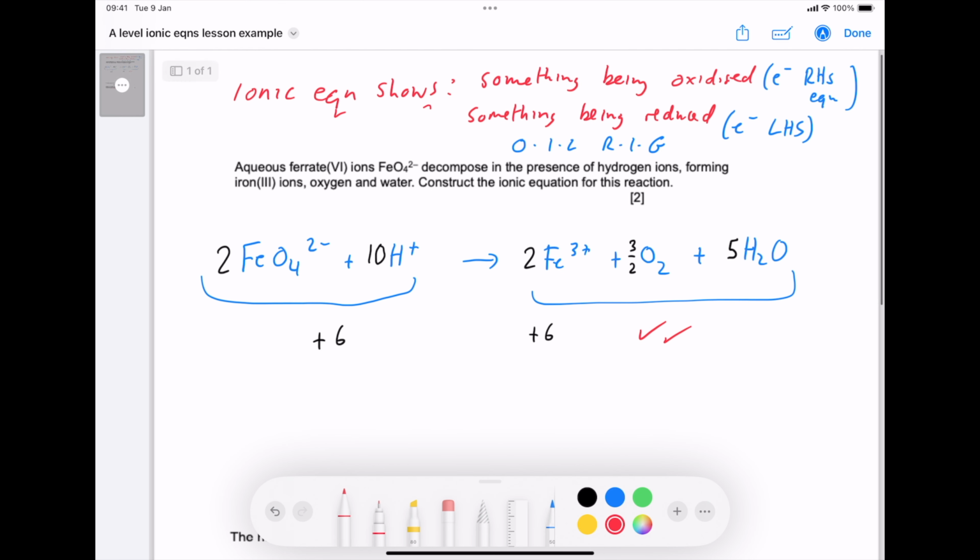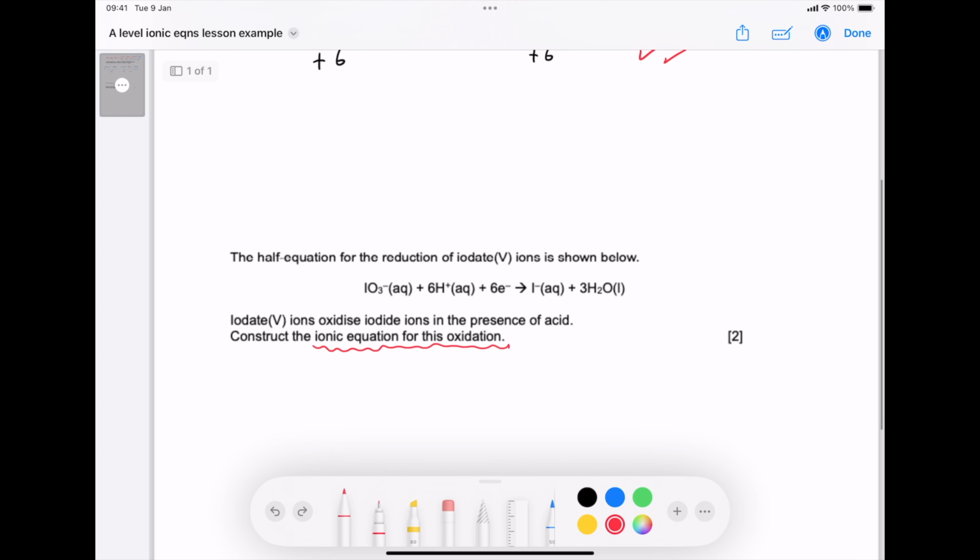In an ionic equation, you must see two things: something is oxidized and something is reduced. If you look at this equation, you can see the iodate is being reduced. This is the RIG part of it, if you like, the reduction part. So now we need to find an equation for the OIL part.